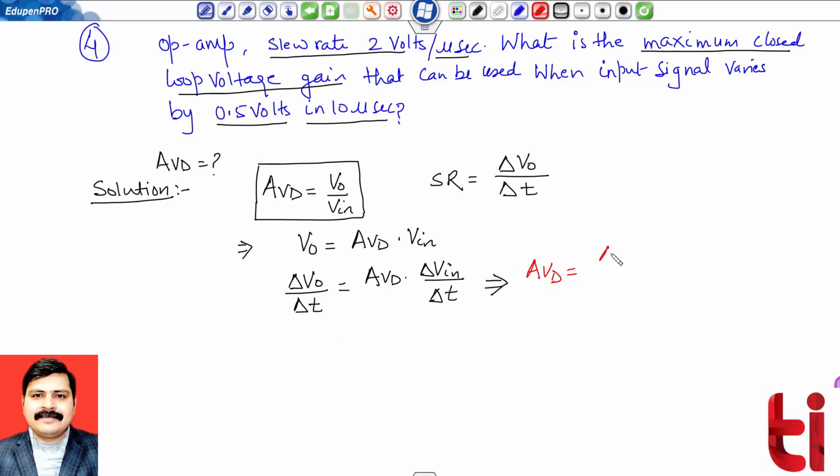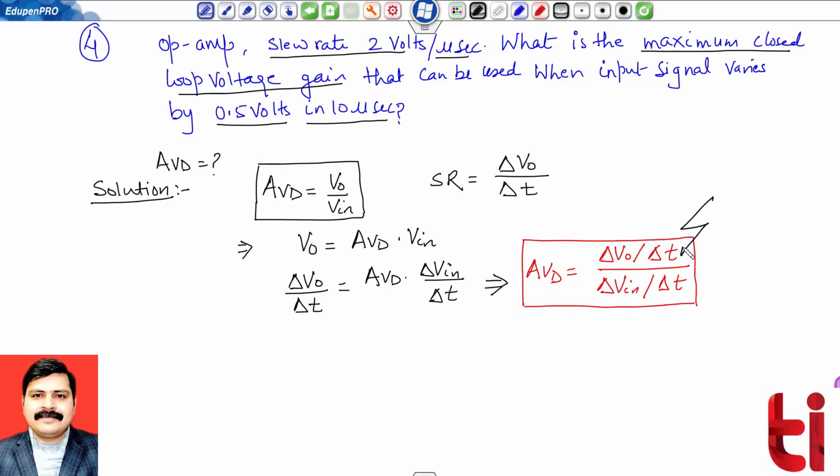That means delta V naught upon delta T, whole divided by delta V in divided by delta T. Now we have just varied the formula, and if you do the comparison, this numerator component is my SR, slew rate, and this denominator part is given in the problem.